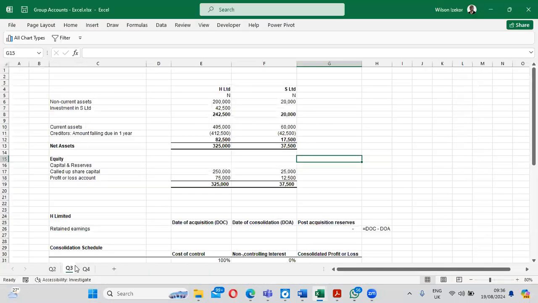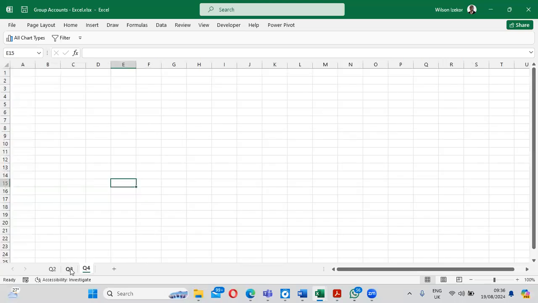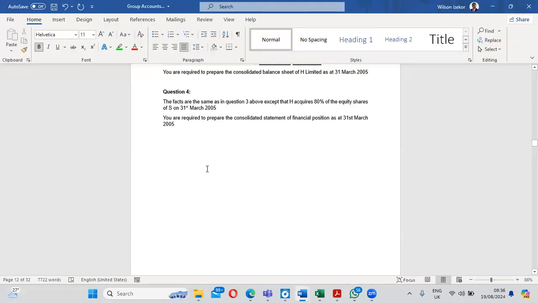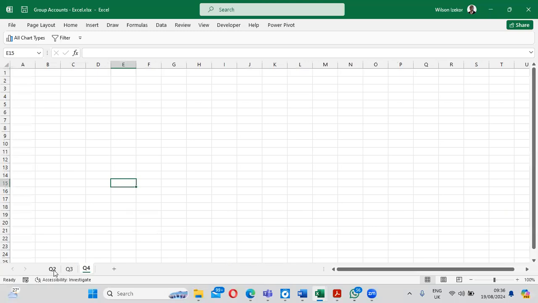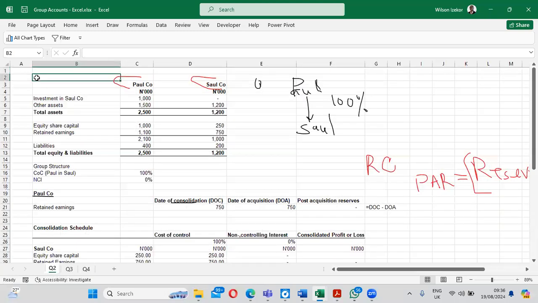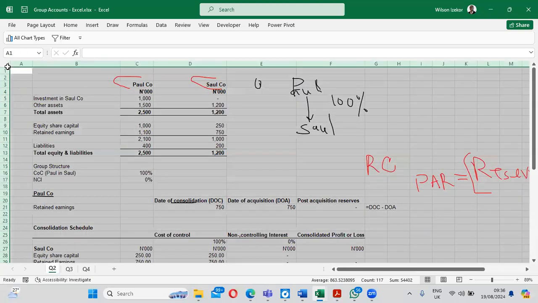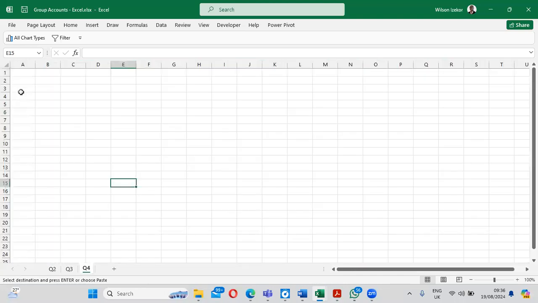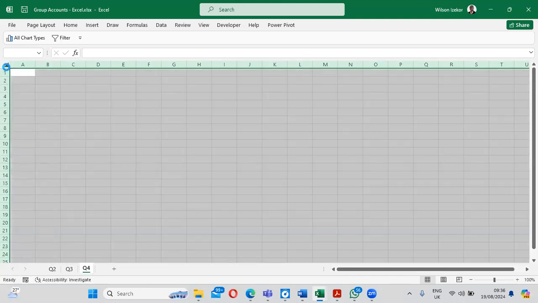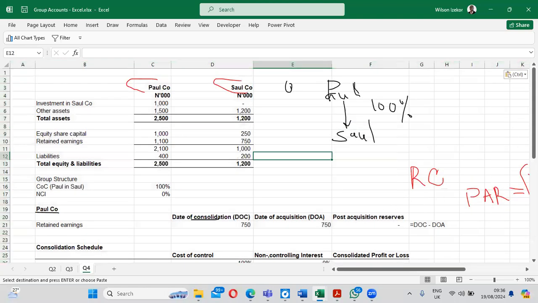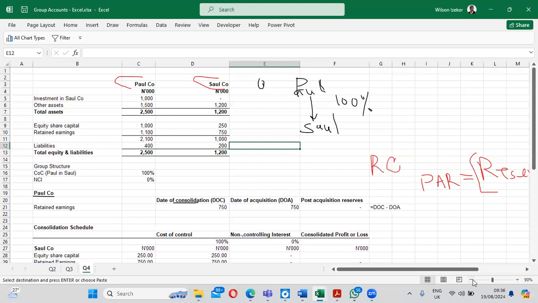Okay, so let's briefly look at question 4. They say that the facts are the same as in what we have here. So basically, I will copy what I have here and paste it on the sheet that has question 4. So what we want to do now is to look at a situation where there is a non-controlling interest.